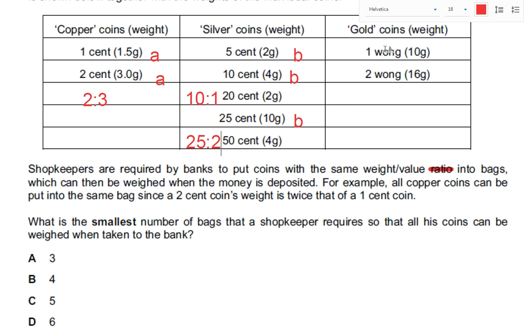All right, 1 won, here's where it might get a little bit harder. A won is worth 100, so it's basically 100 to 10, which is again 10 to 1. And we already have another one that has that ratio. 2 wons, that's 200 to 16. You can divide them both by 8, so 200 to 16 is 25 to 2.